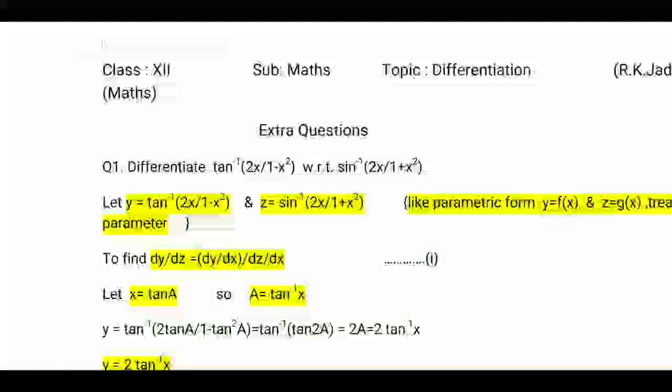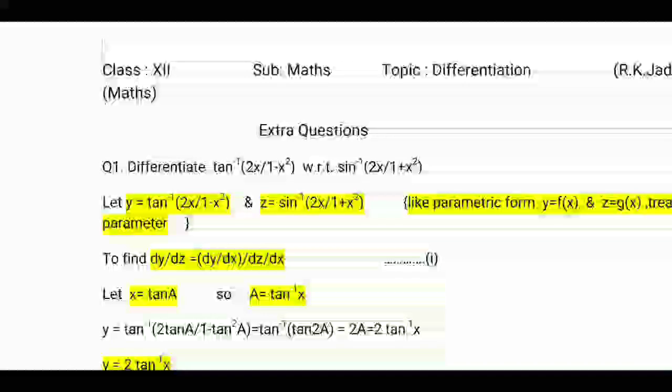For finding this, dy upon dz is equal to dy upon dx upon dz upon dx. Now you have to find dy upon dx.